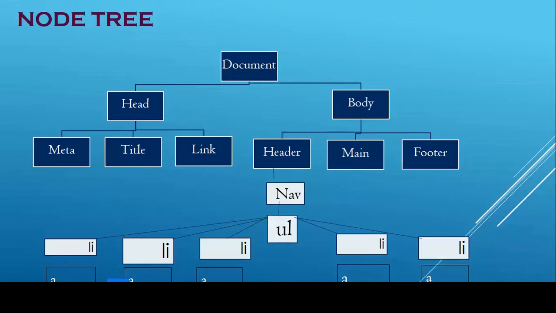Now these nodes live in strict hierarchical relationships depending on how they are nested in the HTML. Here, for example, a link in my menu is an a node inside an li node, nested inside a ul node, nested inside a nav node, nested inside a header, nested inside the body node, nested inside the HTML node, nested inside the document object, nested inside the window object.